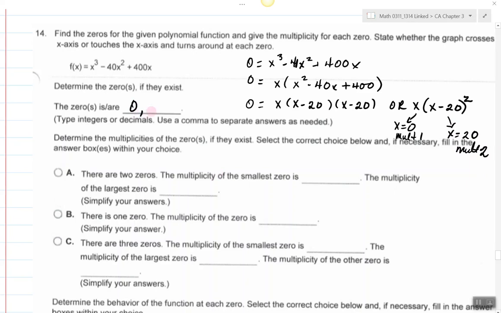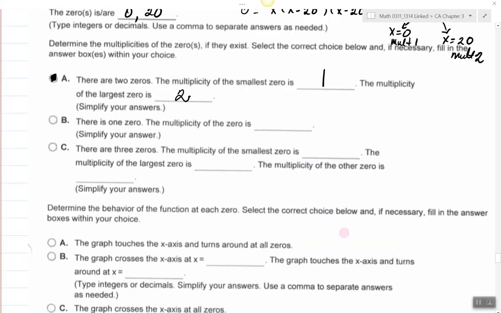So I have 0 and 20. There are two zeros. The multiplicity of the smallest zero, which is 0, is 1. The multiplicity of the largest zero, which is 20, is 2.